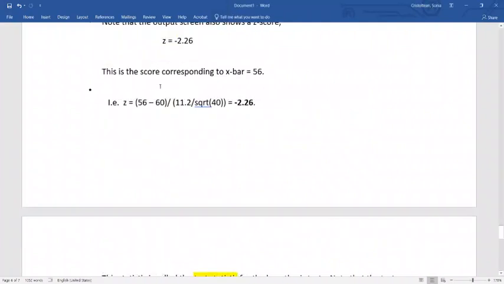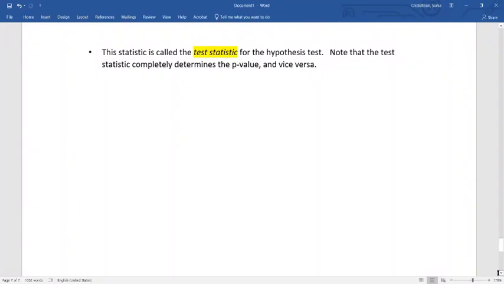And this is the score corresponding to x bar, which is the statistic for that example, 56. What you see right here is the z-score formula: the value minus the mean divided by the standard error. That can be calculated, if you wish, with a formula, and it will be negative 2.29. This statistic is called the test value or the test statistic for the hypothesis test. Note that the test statistic completely determines the p-value and vice versa. And the best way to visualize that is by sketching the graph.